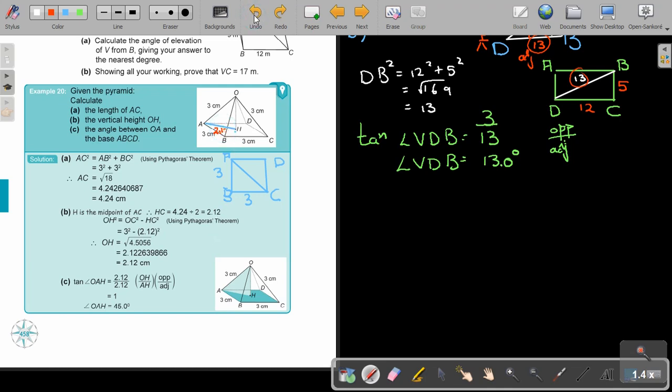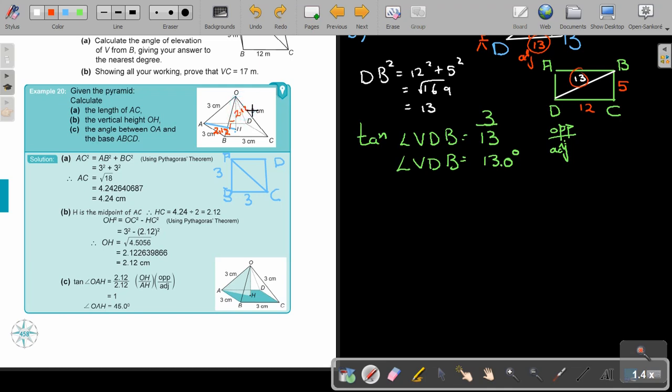Okay, let's just again. It's 2.12, and now I'm going to see what do I still have. So I'm still going to use Pythagoras because there is my 90 now. So it's the long one squared, I'm looking for a short one, minus this one squared, and I get also 2.12. It's that one, 2.12. Okay.